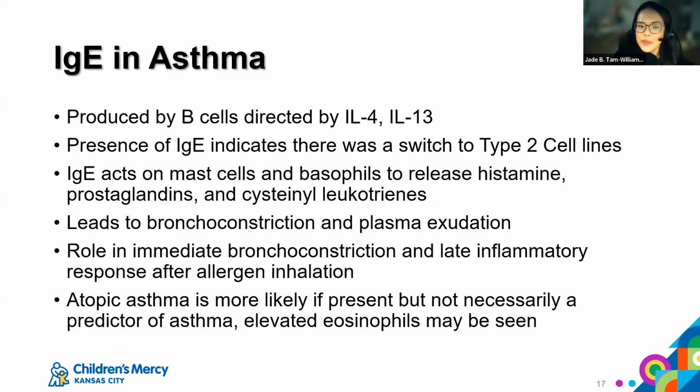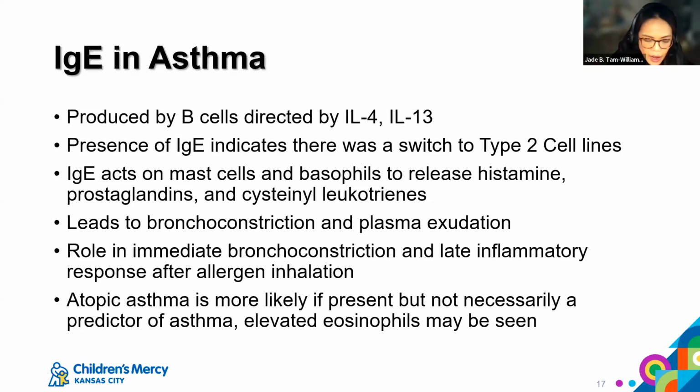It has a role in what we call acute or immediate bronchoconstriction, but it also has a role in this late response. If you have it, it does make it more likely you're going to have allergic asthma if everything else fits, but it's not necessarily a predictor of asthma. And then you may also see it with extra eosinophils.